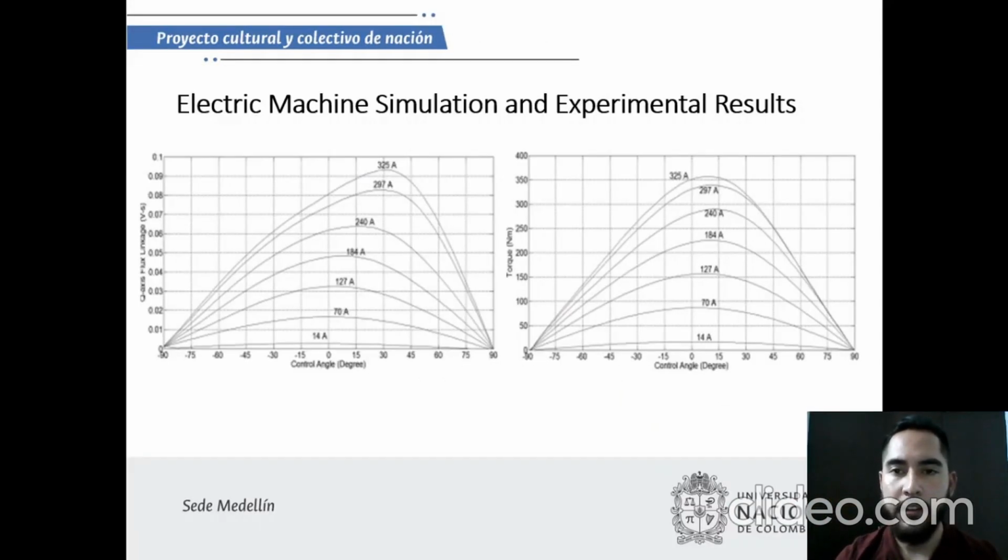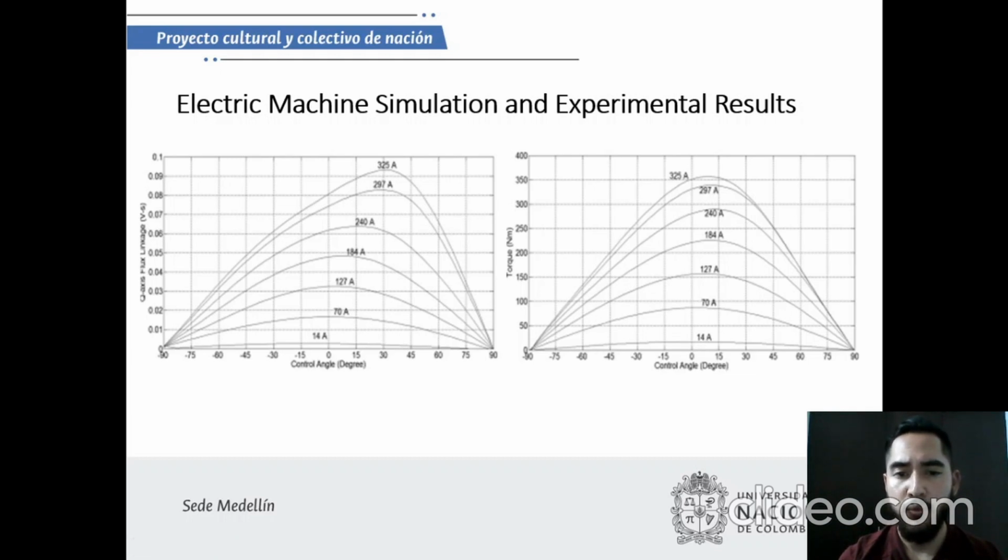In the simulation and experimental results, the figure shows that peak torque is reached for a positive control angle, as opposed to the normal behavior, where the torque is usually higher for the negative current of the D-axis. At a higher field current, the static maps are skewed to the right.